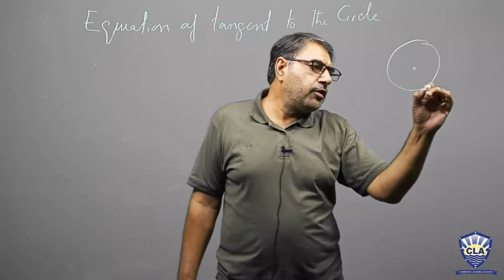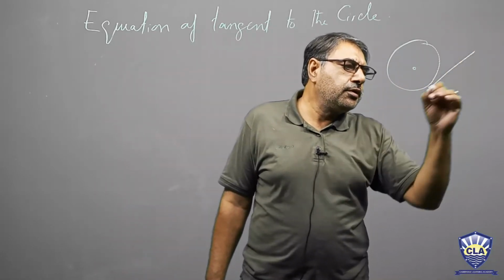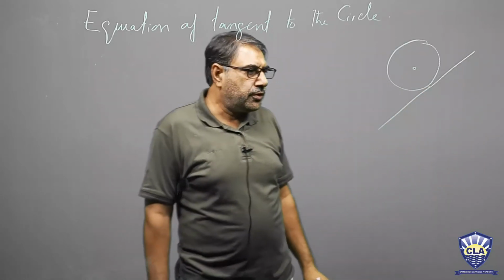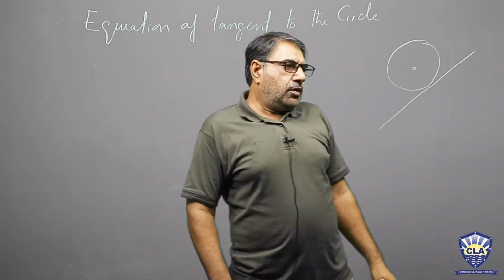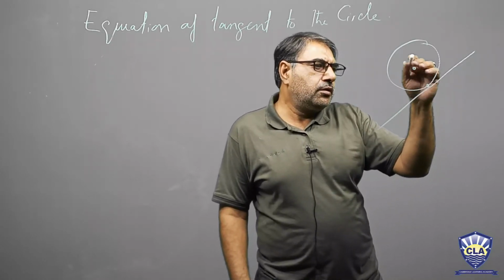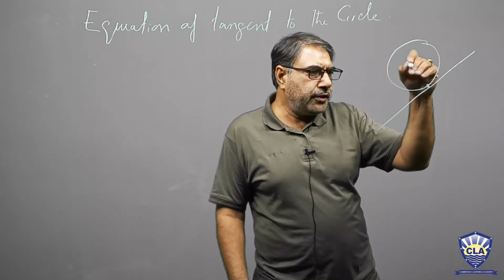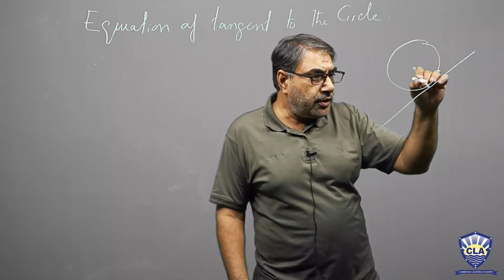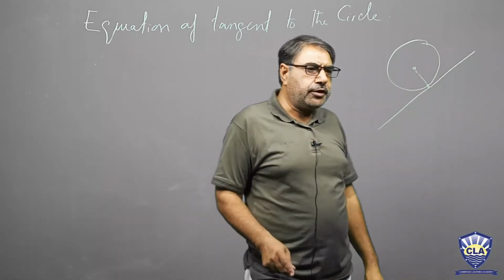A point will be given to you, and he said, find the equation of tangent. Now, a point given. Find the coordinates of the center. Use the idea of coordinate geometry.